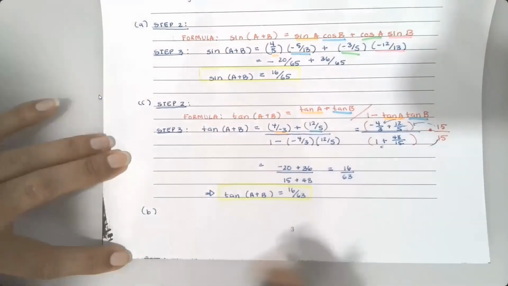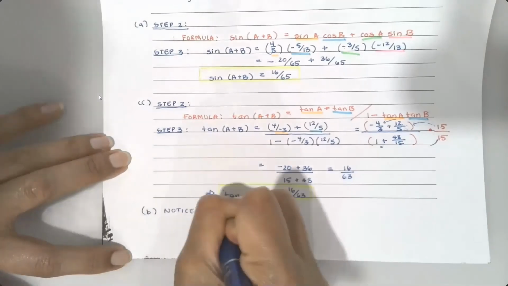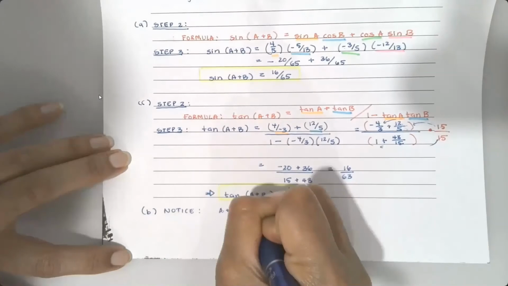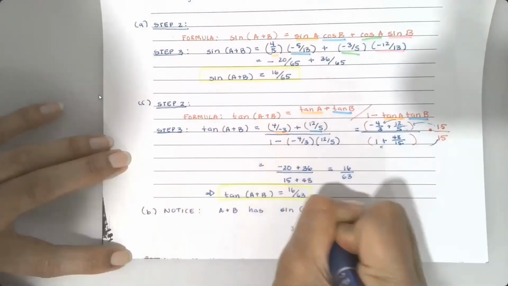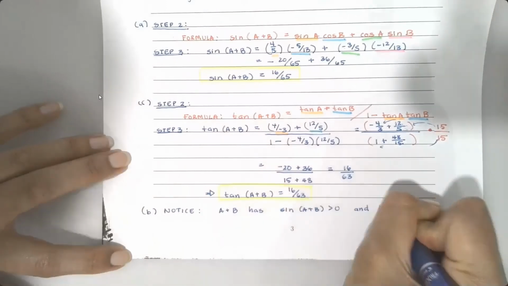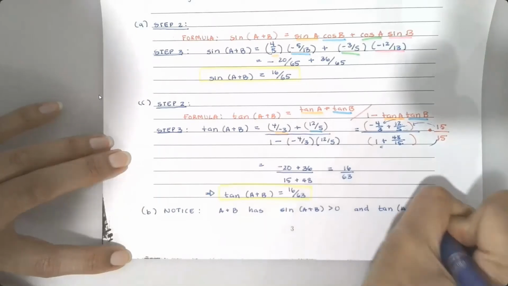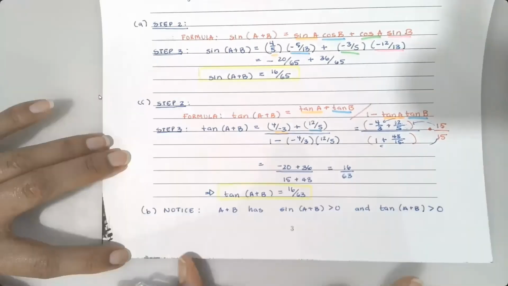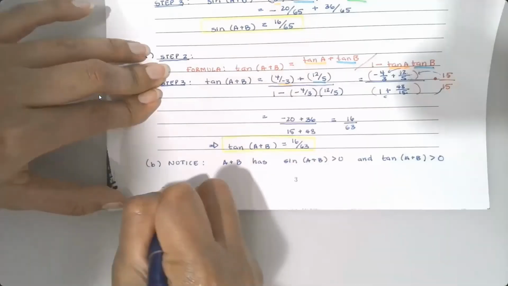Okay, so I'll write notice a plus b has sine of a plus b positive and tangent of a plus b positive. Okay. So now we can think about, if we consider the 4 quadrants, right?